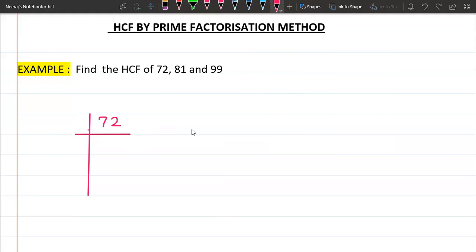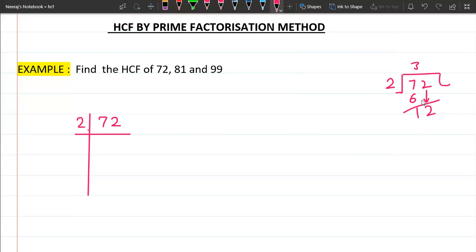Now we have to start with the lowest prime number, that is 2, and check that 72 is exactly divisible by the smallest prime number 2. Yes, we can divide 72 by 2, so it will go with 2. You can do the division in rough if you want. 2 3s are 6, leaving a remainder 1.